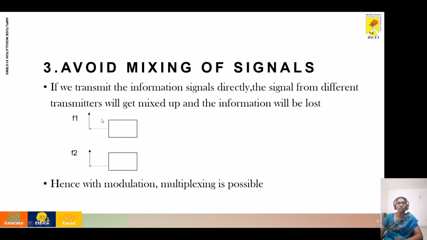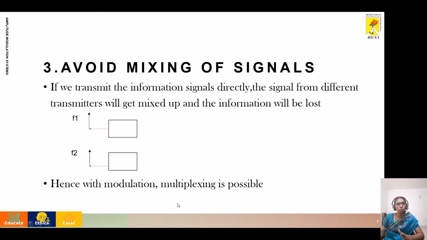And one more thing is, various persons are talking together. If various persons talk simultaneously, they will collide with each other, and the information will not be received by the receiver effectively. So we transform each and every voice signal into a different frequency, such that those voice signals will not get mixed up and the receiver can receive them effectively.